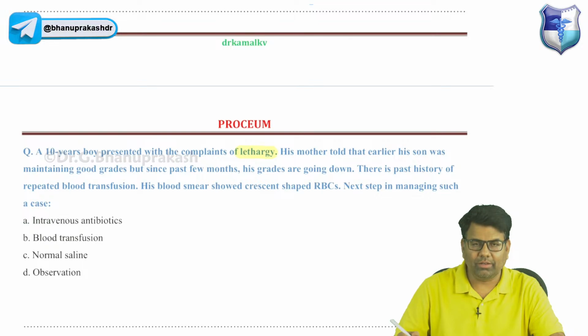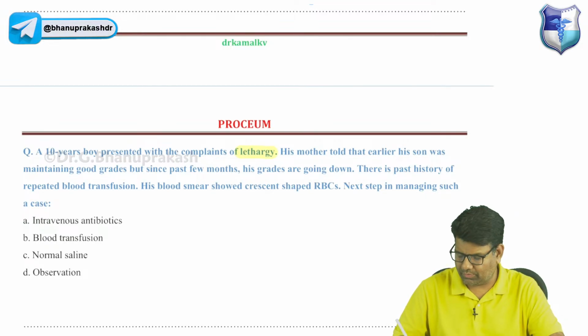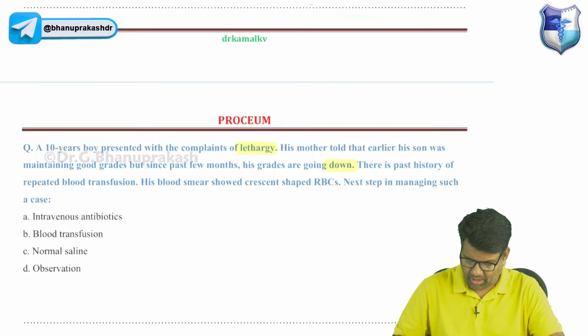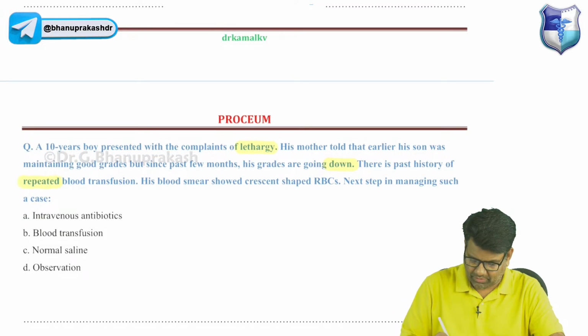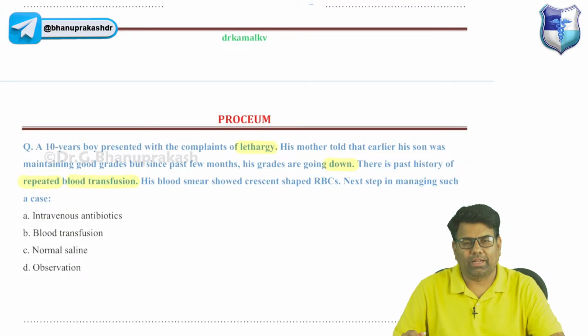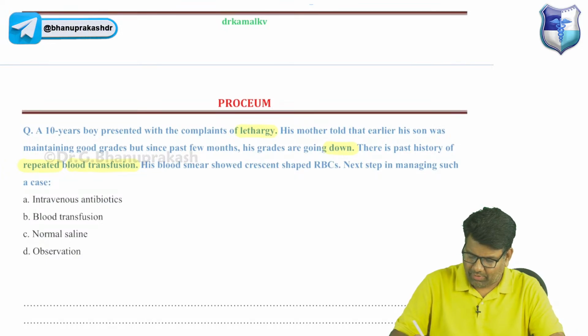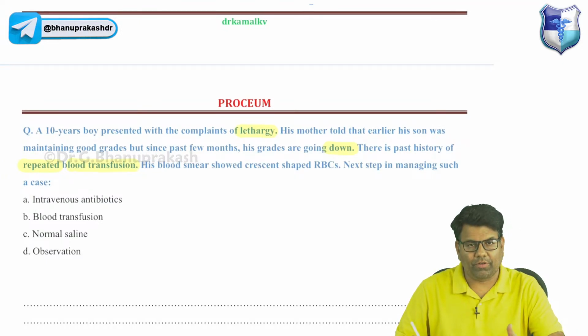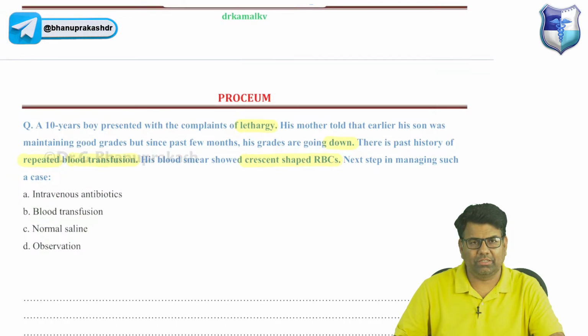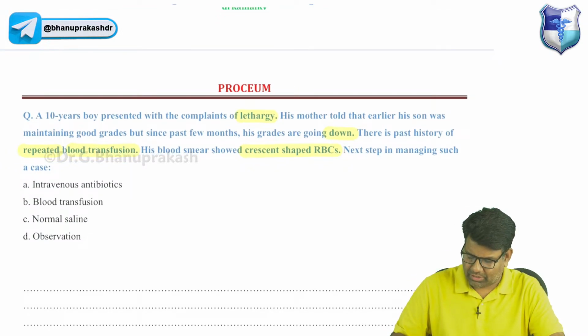A boy presented with lethargy, and initially he was good in studies, but few times getting down, and there is a history of repeated blood transfusions. And when you did peripheral blood smear examination, you saw crescent shaped RBCs. Now I think the diagnosis is very clear.